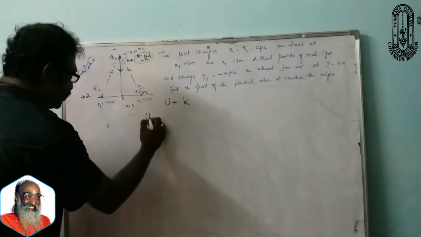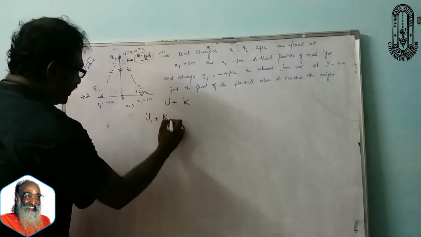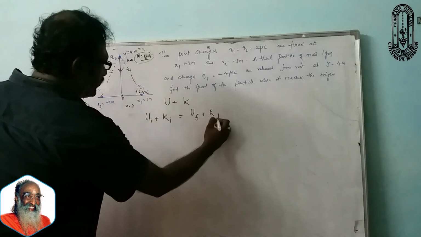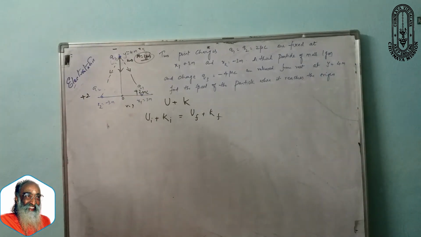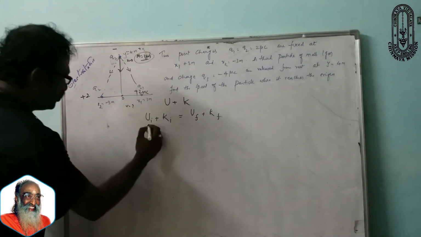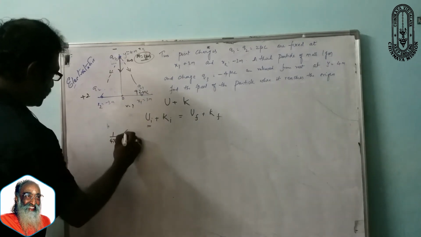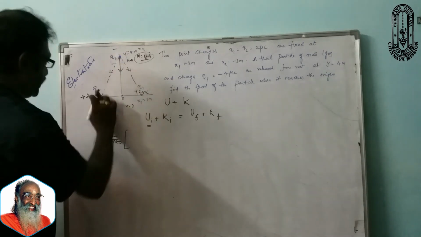So U initial plus K initial is equal to U final plus K final. So how can you find U initial? You know it is 1 by 4 pi epsilon naught Q3 and Q2.